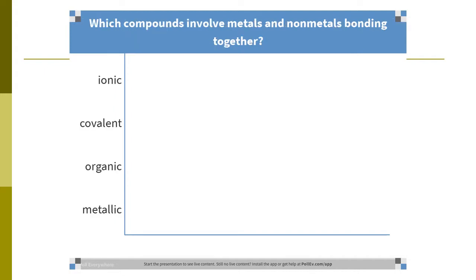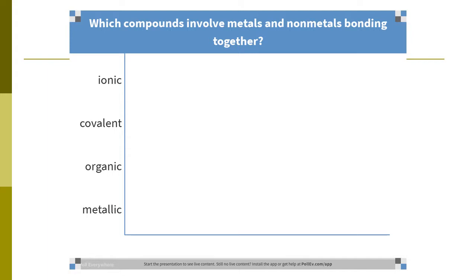Another end of section question for you. Which compounds involve metals and nonmetals bonding together? Ionic, covalent, organic, or metallic? On this one, metals and nonmetals are ionic. The first one's ionic.